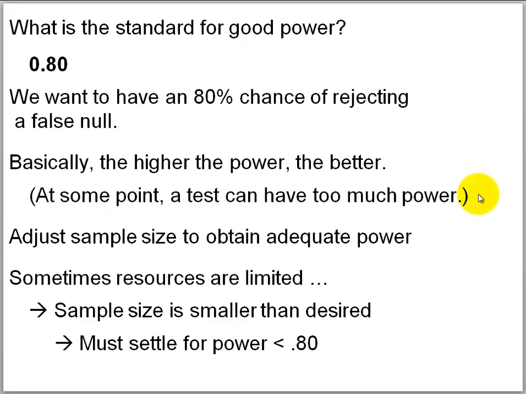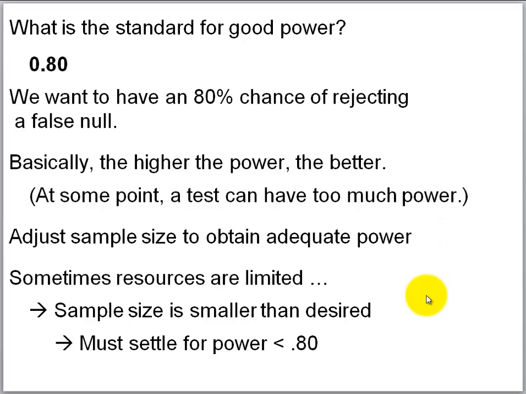Oftentimes, sample size is adjusted so that the researcher has good power. The researcher strategizes: how large of a difference do I think there is in the population? How large is the relationship that I think I'm going to find? And then uses tables or computer programs to select a sample size that's going to generate adequate power.